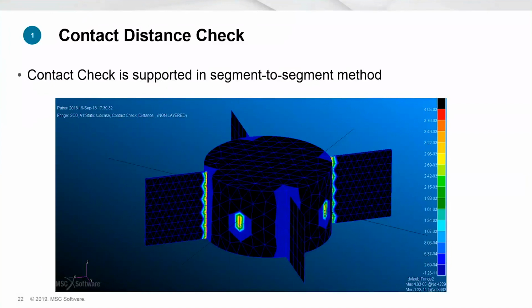So it becomes very challenging and tough for users to determine and review if the contact status in the initial state is reasonable, even with the help of the GUI. So in this phase of contact model check, we have supported the segment-to-segment method as well, and it is supported for all contact types for solution 400 and solution 101, and permanent glue contact for other solution types, such as 103, 105, 129, and 200.